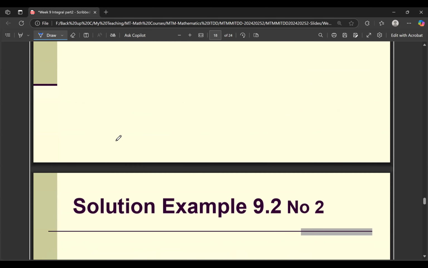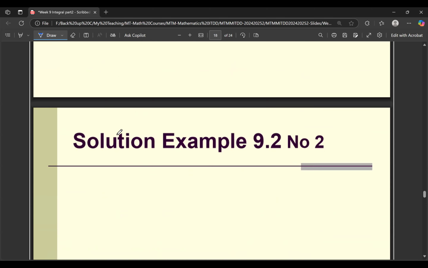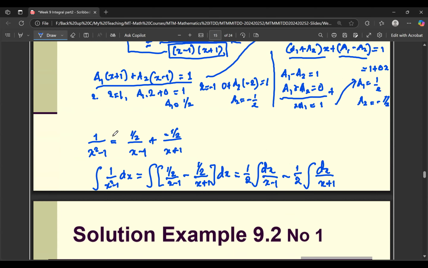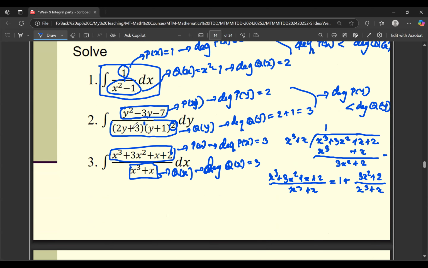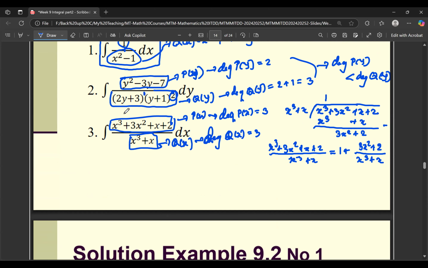Okay, let's go to the second one. This one is x squared over y squared minus 3y minus 7. How to memorize it?